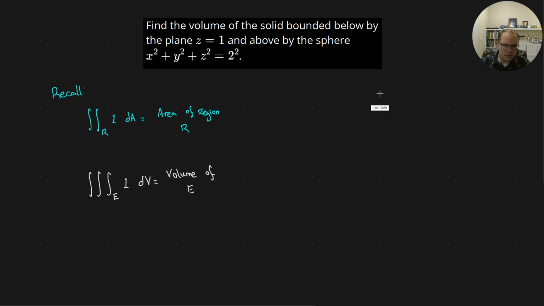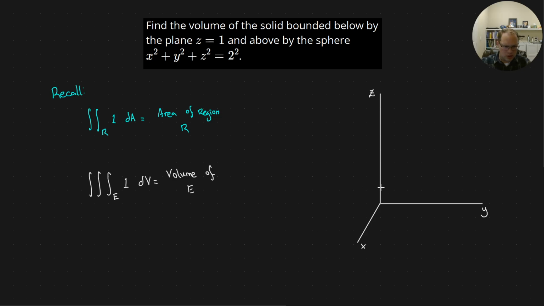All right, so let's start by graphing our region. So we have two things. We have a volume. It's bounded below by the plane z equals 1.